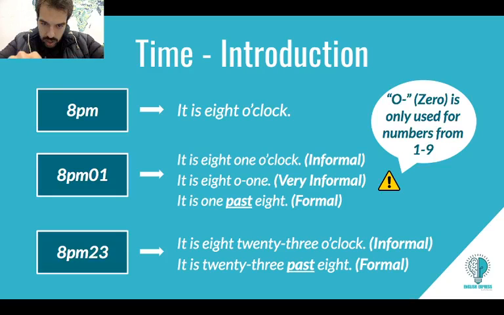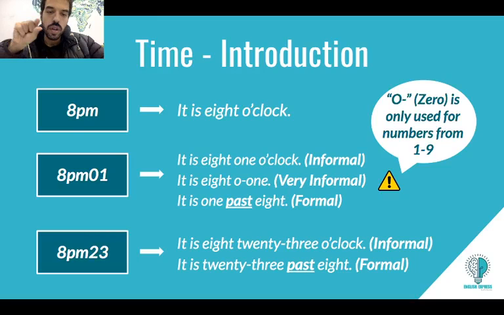This word past, it's used for all the numbers between number 1 and number 29, okay? And we're always going to write the minutes in front, then past, and then the hour that this situation is happening.